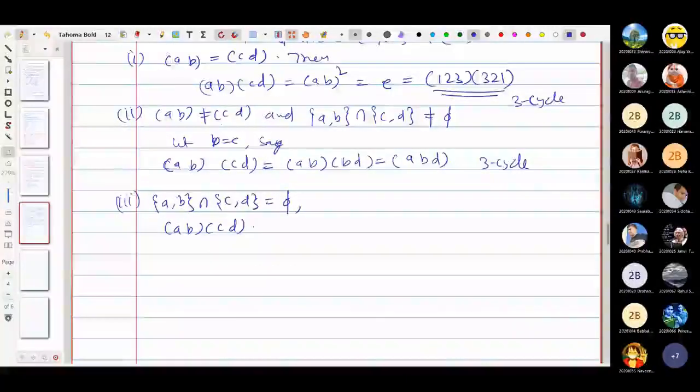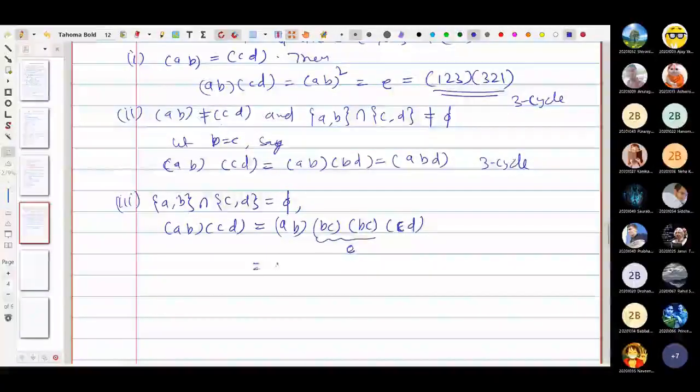When we take the product of these two, in between we can insert BC twice, because transpositions are self-inverse, so these two are nothing but the identity together.